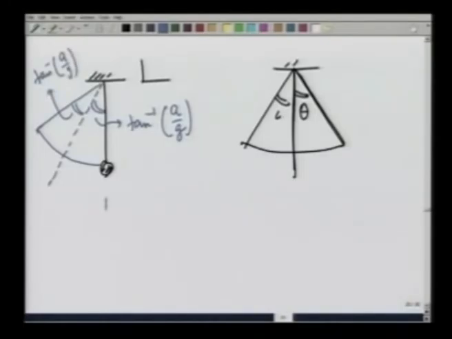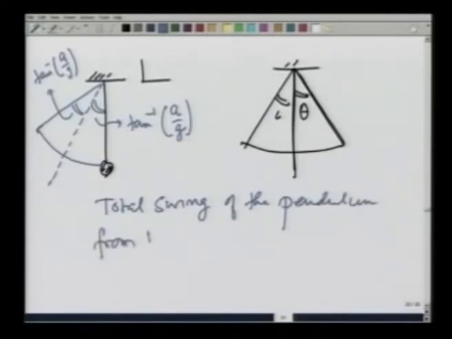So, the total swing of the pendulum from the vertical is equal to 2 tan inverse a over g.